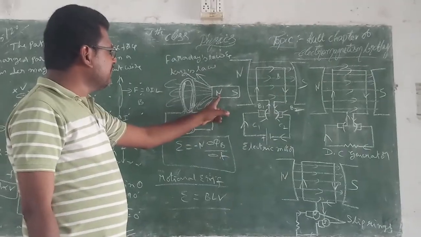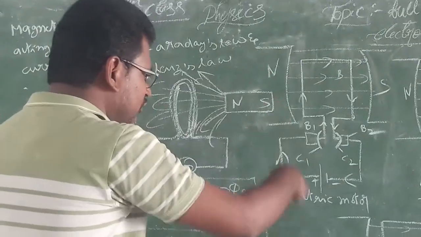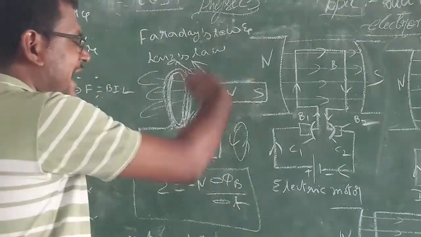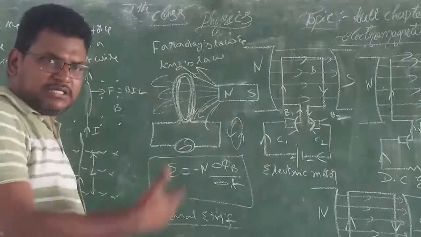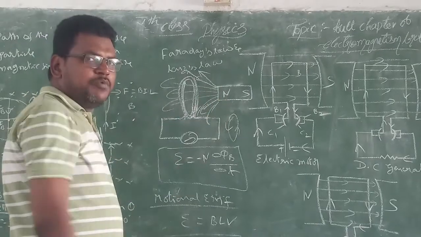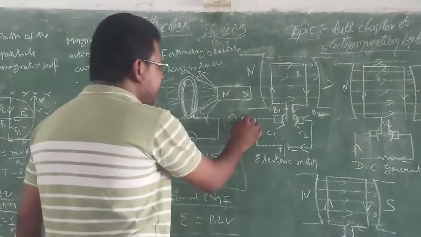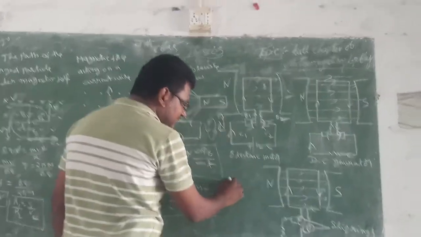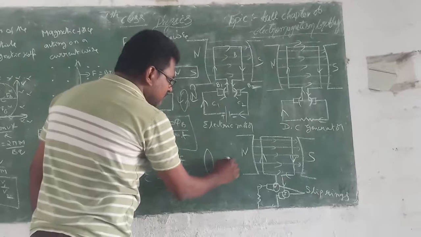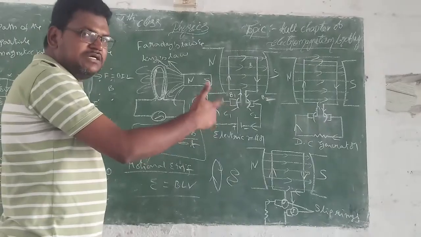Suppose when you move the north pole of a magnet towards the coil, the current is induced in an anti-clockwise direction to oppose the original magnetic field due to the magnet. When we move the north pole of the magnet away from the coil, the current is induced in the coil in the clockwise direction to oppose the original magnetic field.